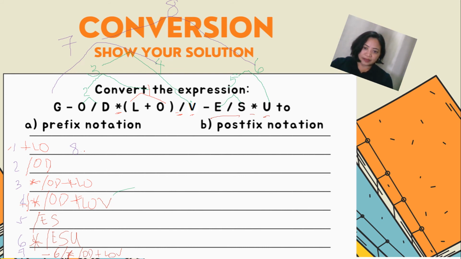Okay, minus. And then, number 7 sa kaliwa. So, copy lang natin yung number 7. So, minus G divide times divide OD plus LOV.